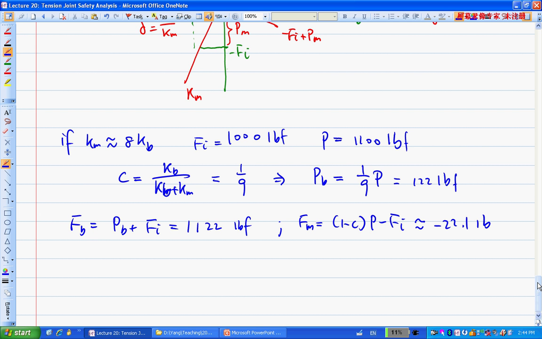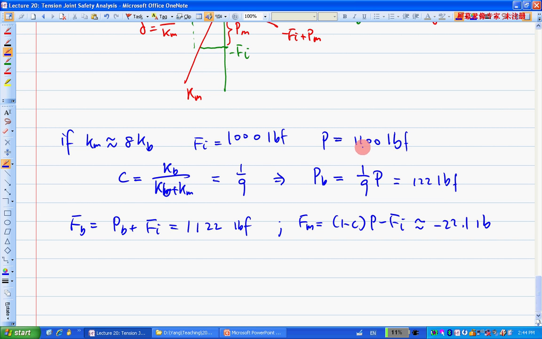So what does that mean? When you look at this value, what does it tell you? We still have a safe joint? Yes, because it is less than 0. But look at the difference here.